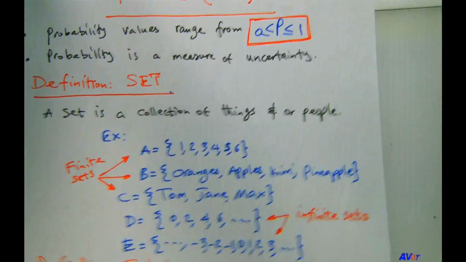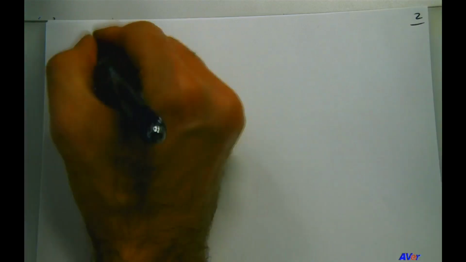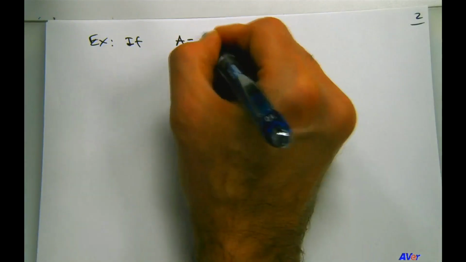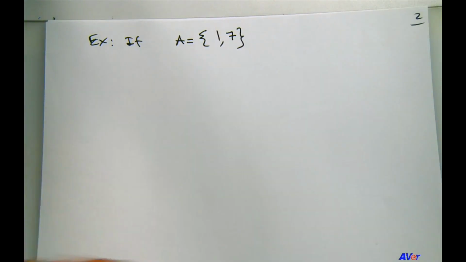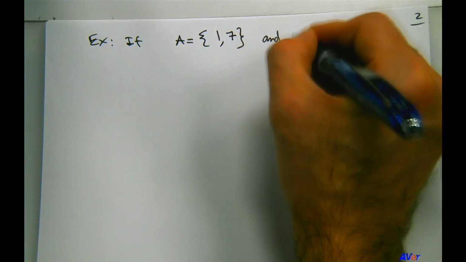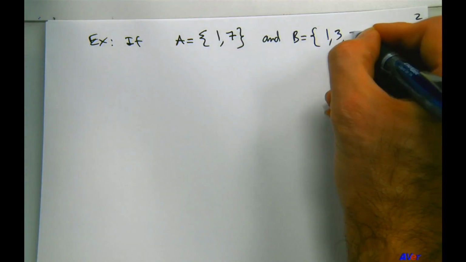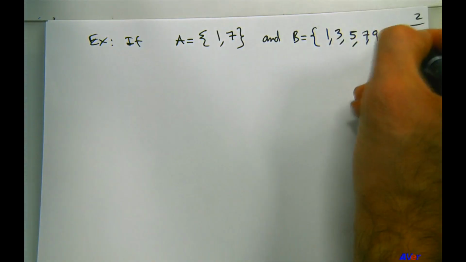All right. So let us give some examples of this, just to be sure that this is understood. Suppose set A has elements 1, 7, and set B has elements 1, 3, 5, 7, 9, and 11.